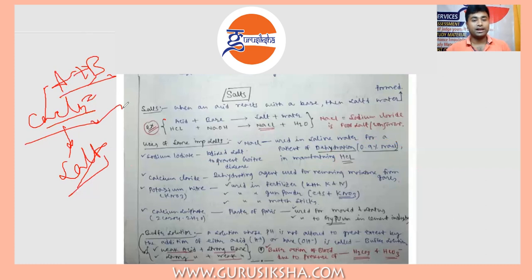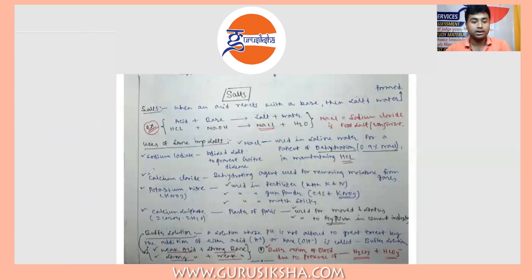This is a salt. So what are the uses of calcium chloride? The use of calcium chloride is as a dehydrating agent, used for removing moisture from gases. Suppose our body contains a lot of gases.